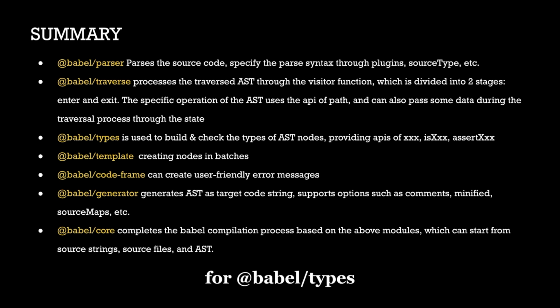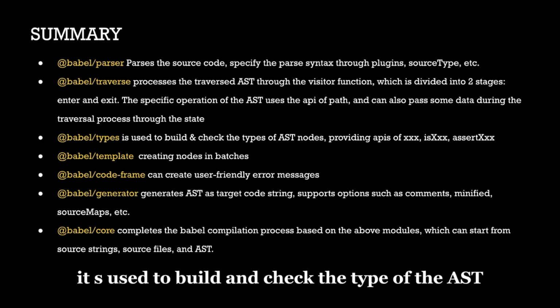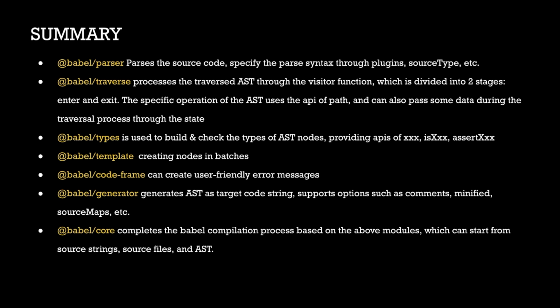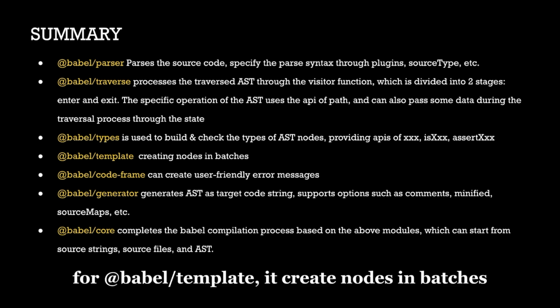For Babel types, it's used to build and check the type of the AST node, providing the API of something, is something, and assert something. For Babel template, it creates nodes in batches.